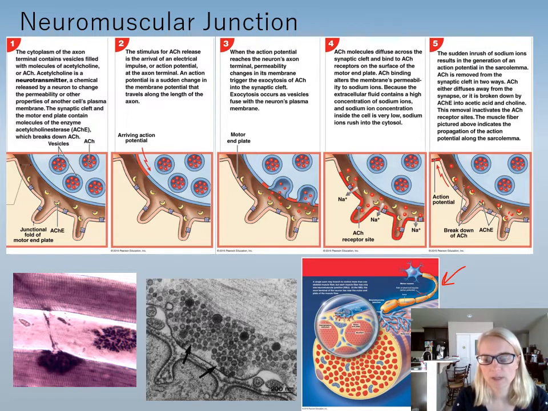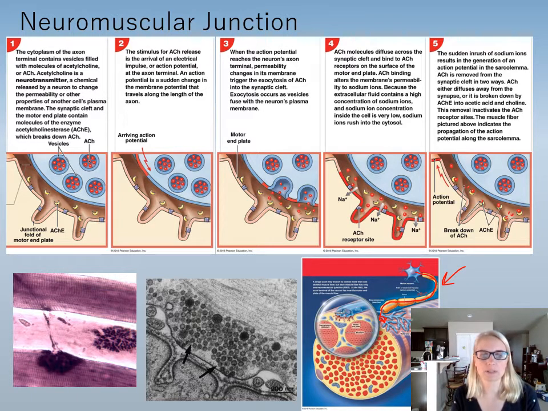So you have the neuron, it runs its signal all the way down the length of the axon, and then communicates to the muscle cell at the sarcolemma. Okay, so remember, sarcolemma is the plasma membrane of the cell. At this very specific location of where the neuron interacts with the sarcolemma, collectively this is called the neuromuscular junction.